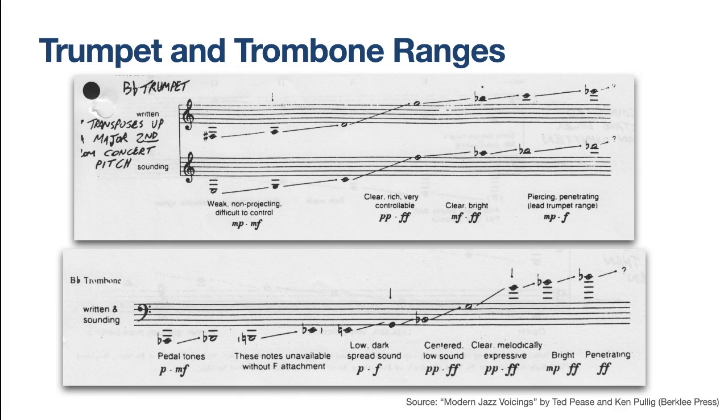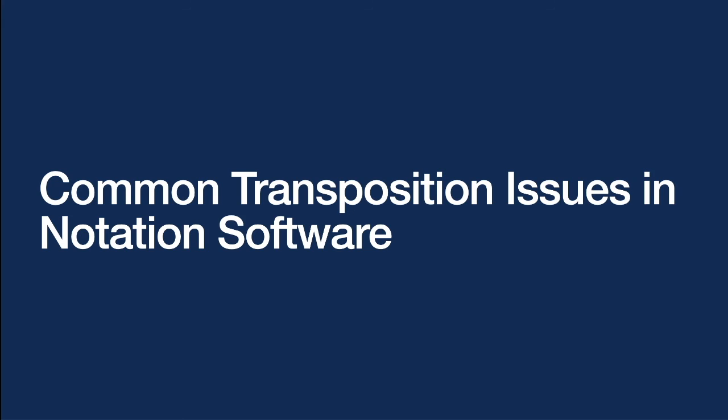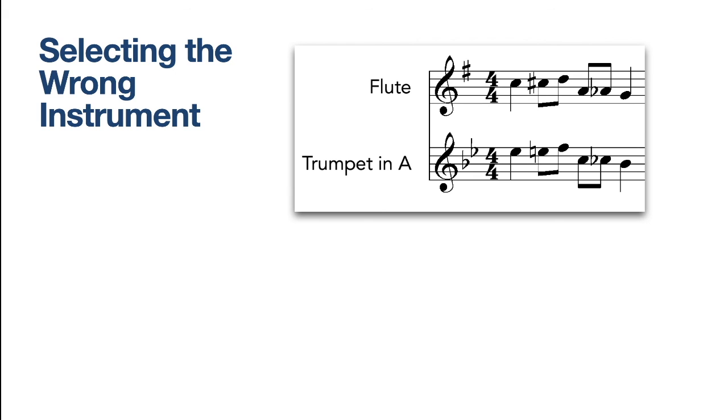Finally, let's take a look at 3 common transposition issues that I've frequently encountered in notation software based on my own work and the work of my students. In this example, I created a concert pitch melody in the key of G with the flute. This would suggest the trumpet melody should be a whole tone higher in the key of A. So why did it come out incorrectly?